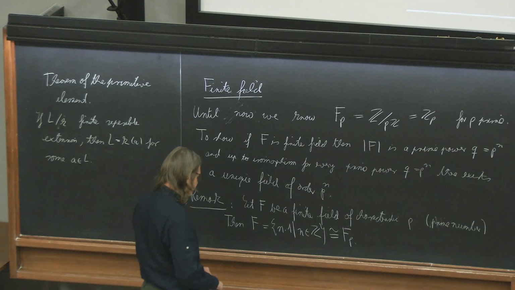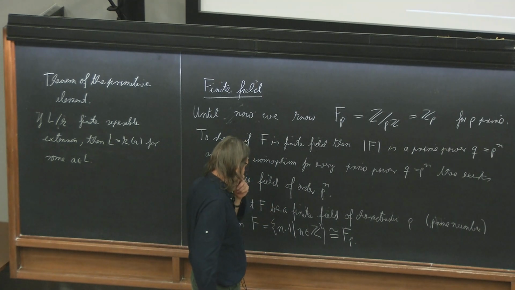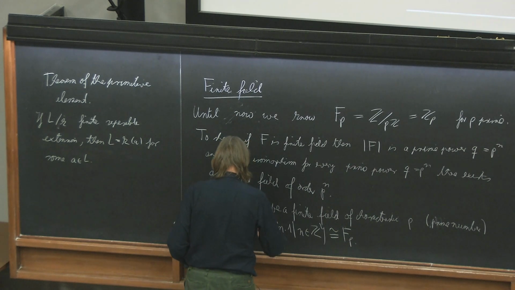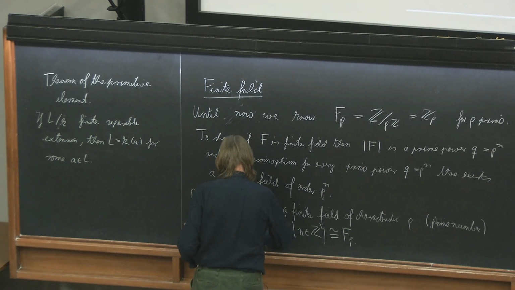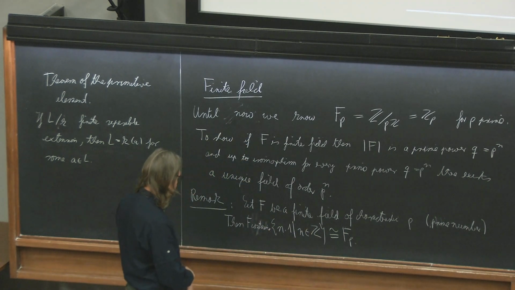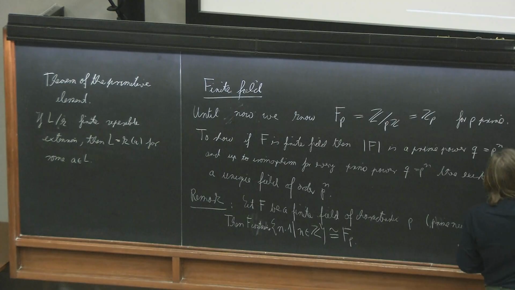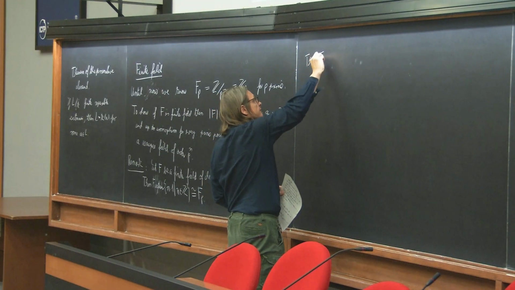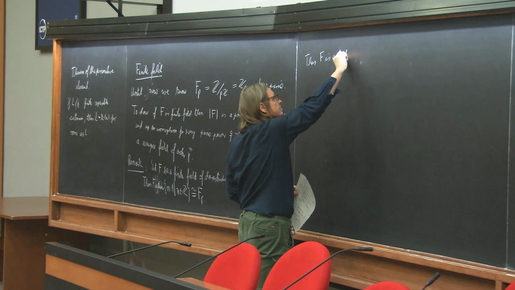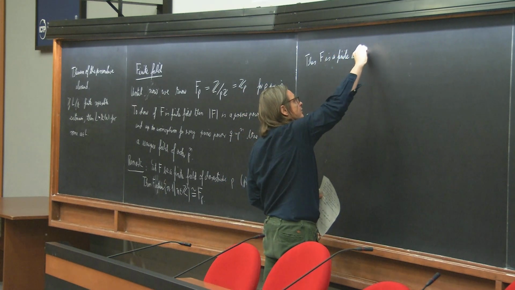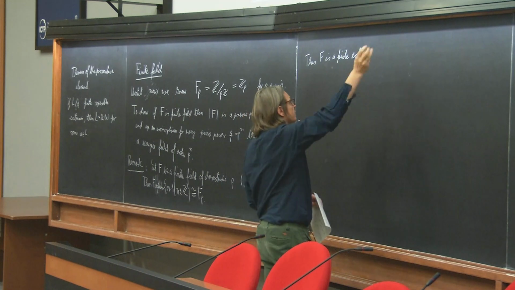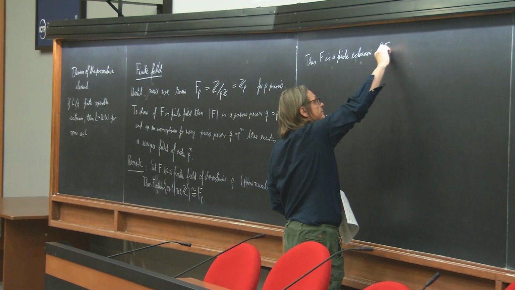So if it is a finite field of characteristic p, then F contains F_p as a subfield, so it's a finite extension of that. Thus F is a finite extension of this subset, which I can just write as F_p.